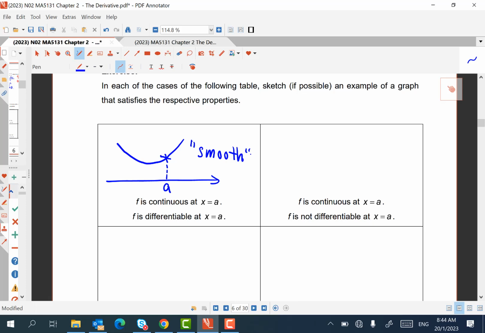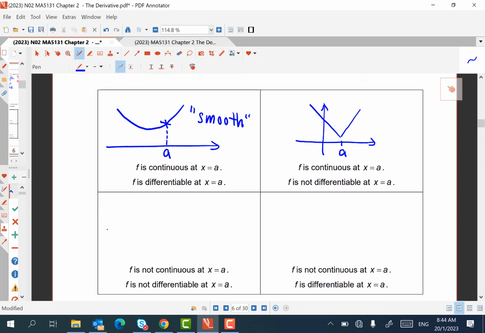How about a graph that is continuous but not differentiable? One possibility would be like this. The V-shaped graph is a popular example that we can use. It is continuous, but it's not differentiable.